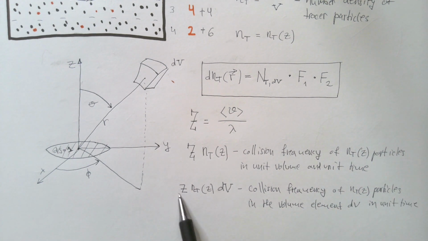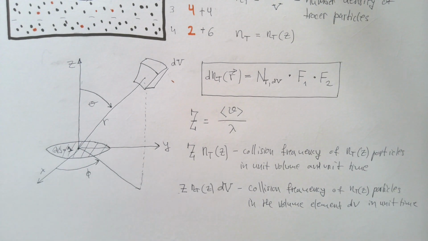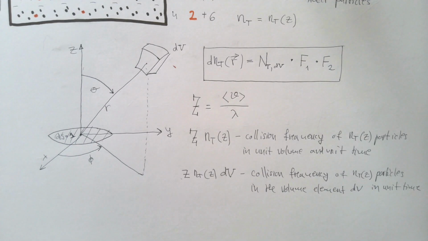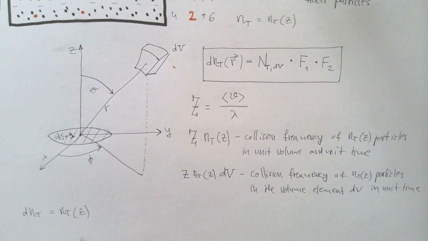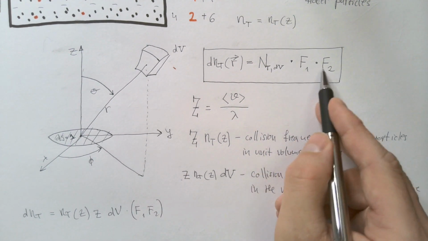In other words, this is the average number of tracer particles undergoing collisions in this volume element dv in unit time. And that is this quantity that we are interested in, which means I can now write that d nt is equal to nt of z times Z times dv and times f1, f2. Let's put it in brackets because we will later deal with these.